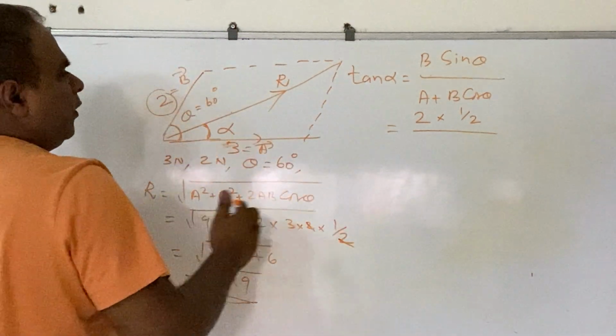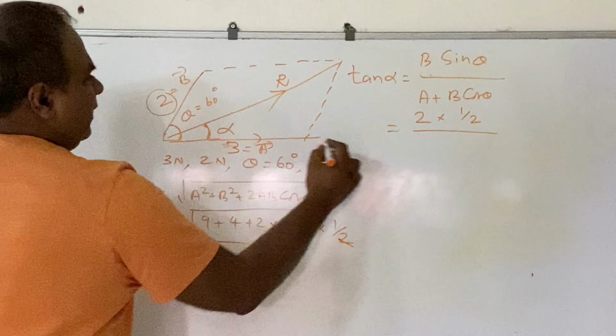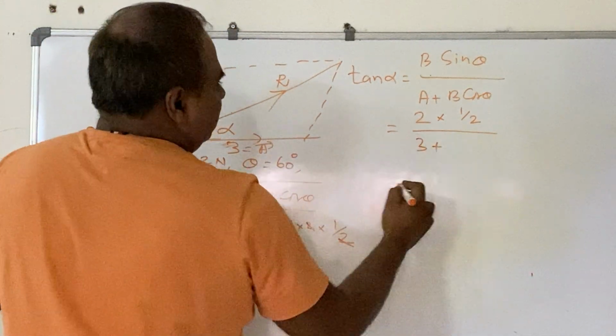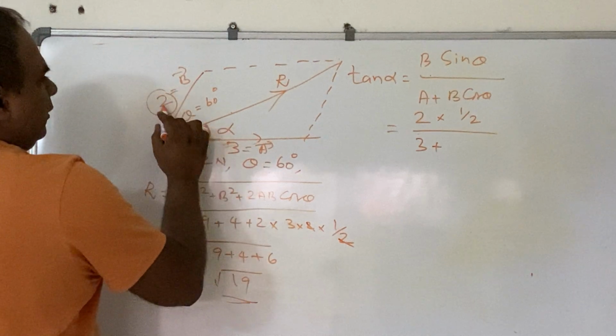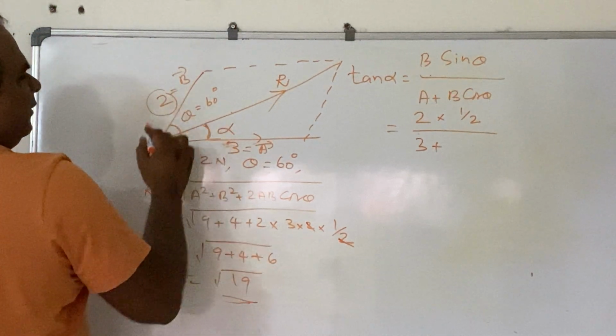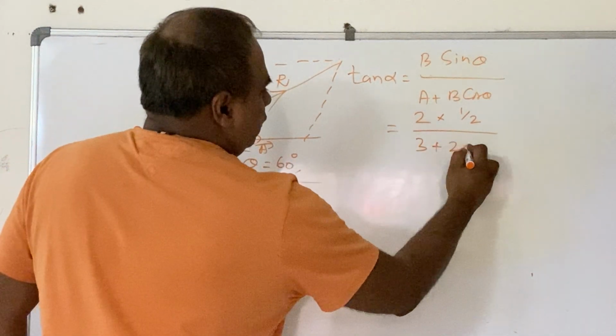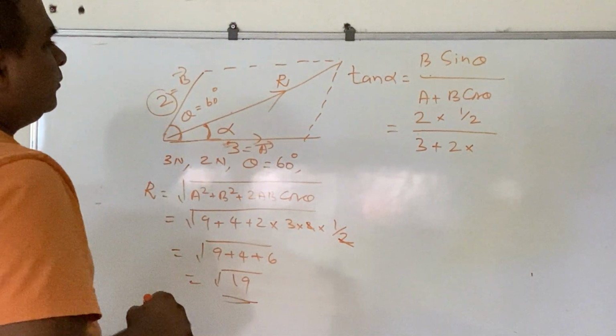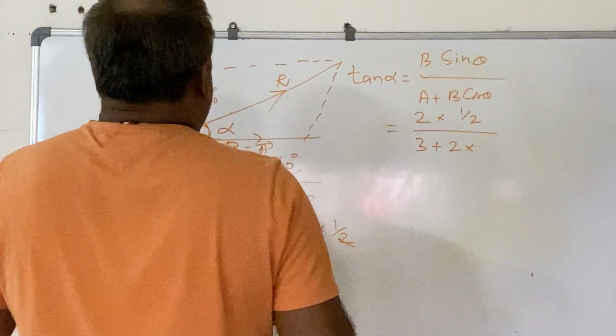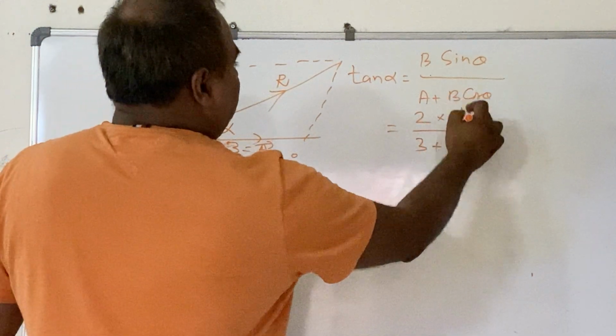Then what is a here? A is 3. 3 plus b, b is again 2, 2 into cos 60. Sorry, sin 60. B sin theta.